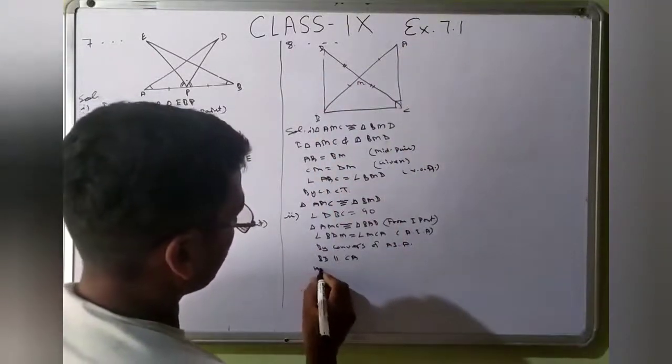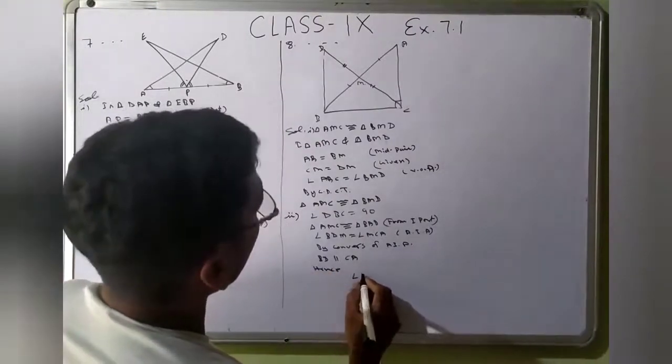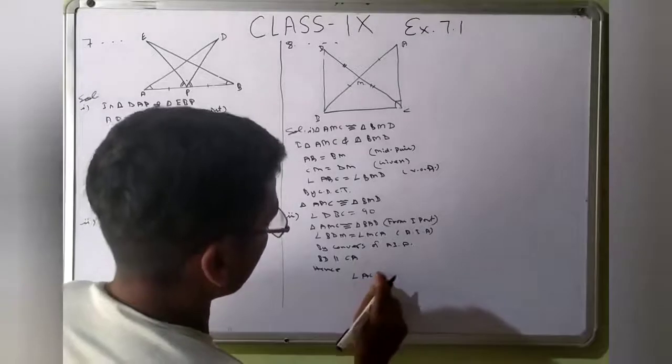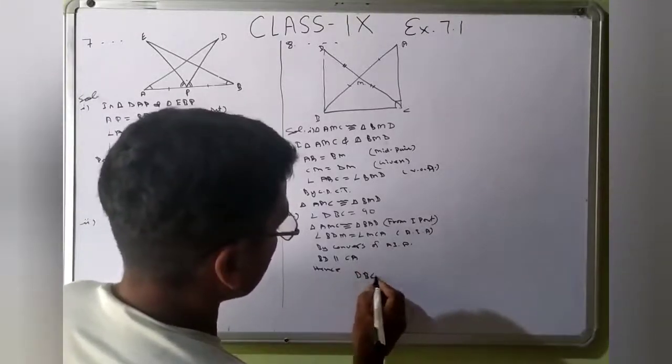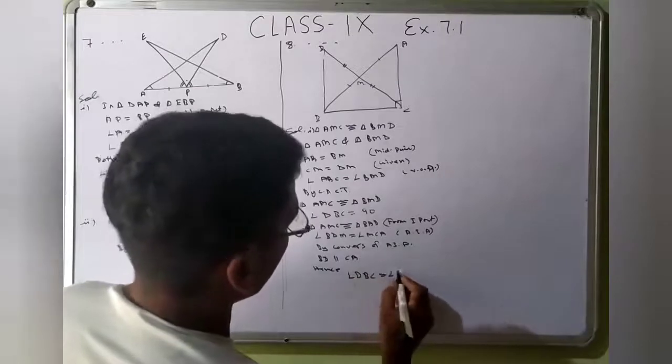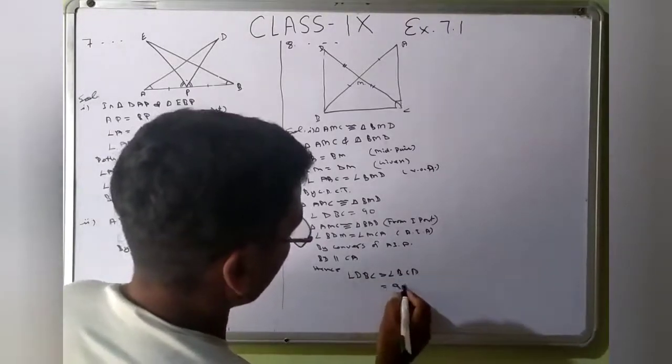Hence angle DBC is equal to angle BCA is equal to 90 degree.